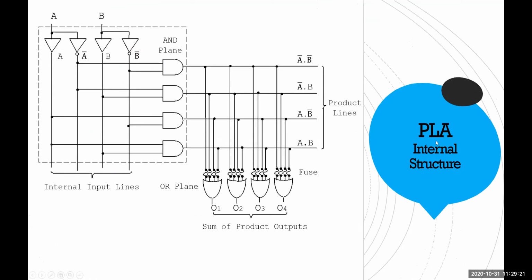Now, let's talk about the PLA, Programmable Logic Array, internal structure. So here you can see you have two inputs. One is A, another one is B. A is going inside the IC. Okay, which one is the IC? Let's make one enclosure. See this pink color.